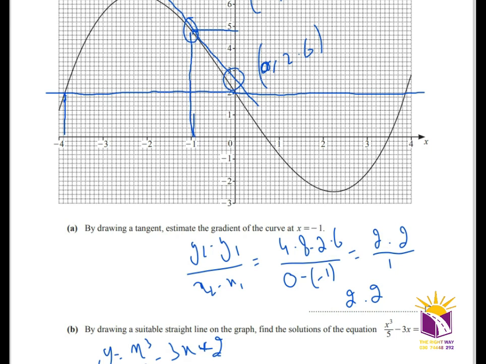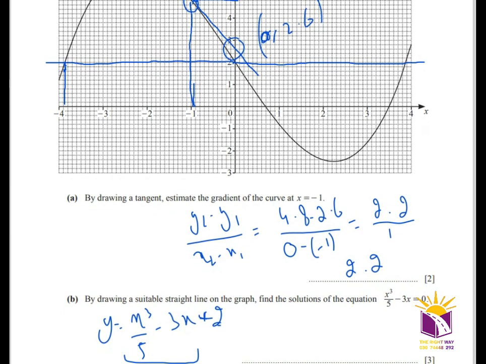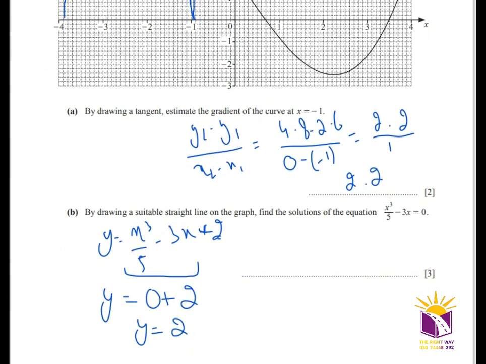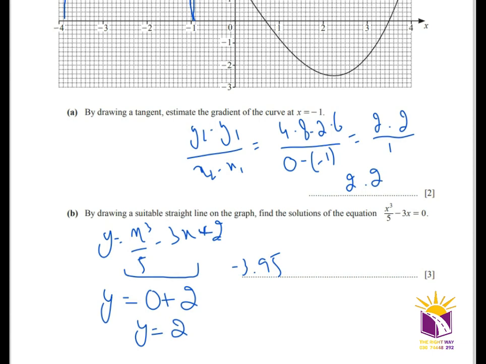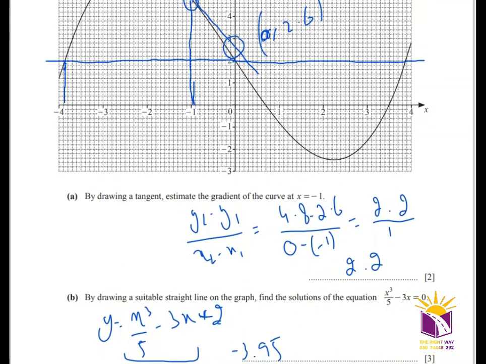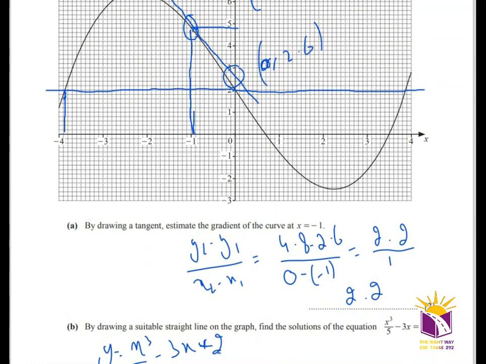So it will be minus 3.9, or you can say between minus 3.9 and 4. So I will write it as minus 3.95. And the other one will be equal to 3.85.